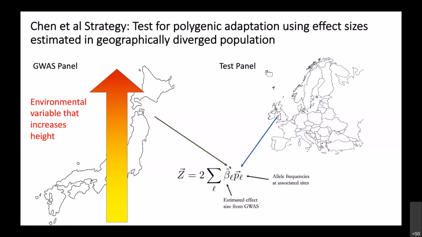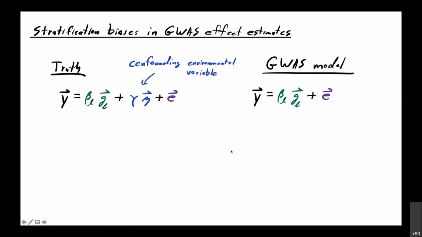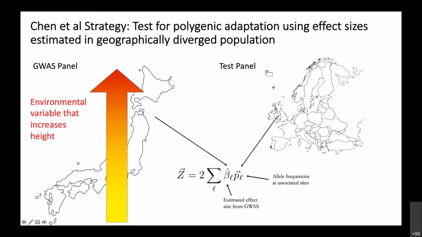And so even if these effect sizes retain some amount of residual bias, the hope was that these biases were somehow orthogonal to the patterns of frequency variation that matter for these polygenic adaptation tests. So that's the insightful thing that this one paper did.